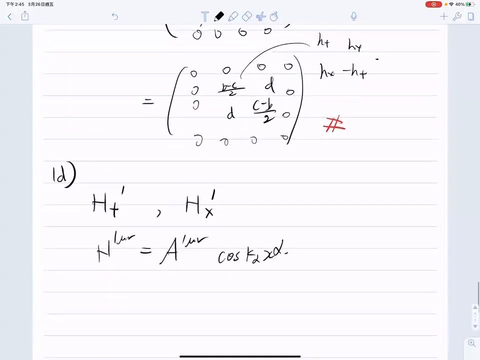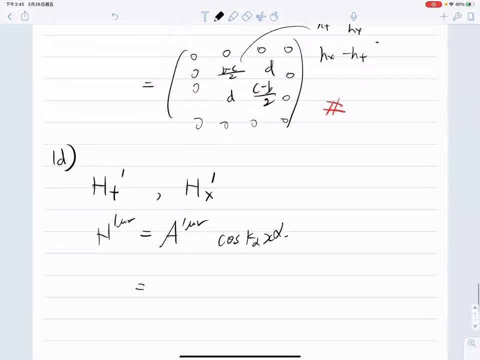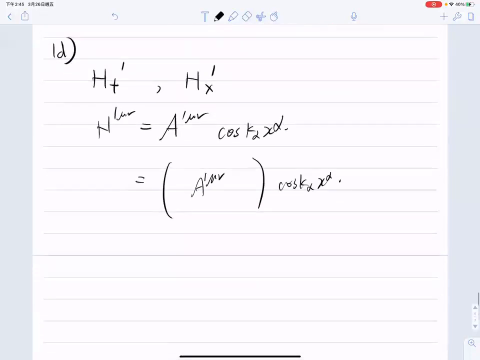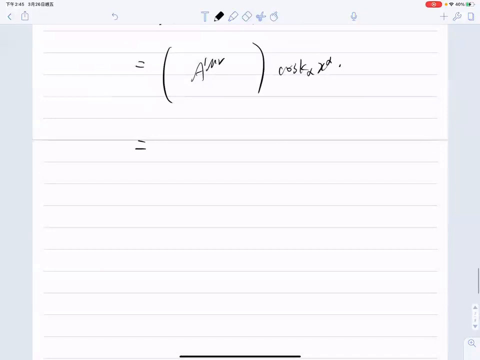And then you just need to put the whole A prime mu nu times the cosine wave, and then you have done all the questions, as you do the matrix decomposition.